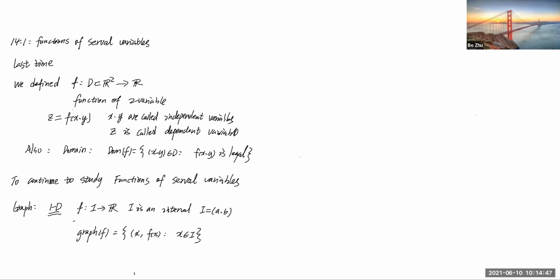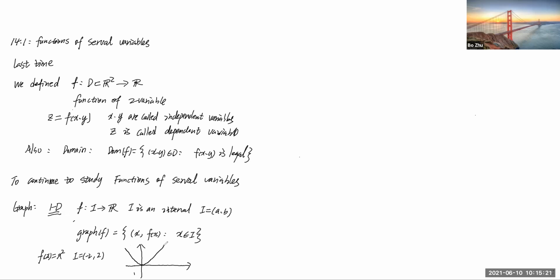Okay, so let's draw a picture. For example, f(x) is x squared, and I is negative 2 to 2. Maybe you didn't think of it this way, but when you draw the picture, you are drawing the graph, not the function. For example, we knew this in high school. It should look like this.